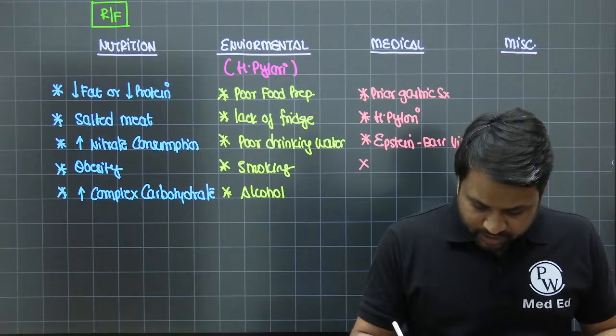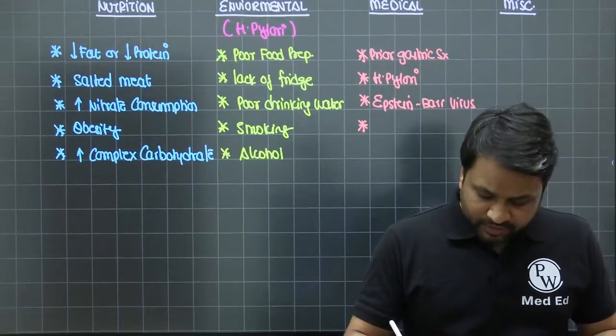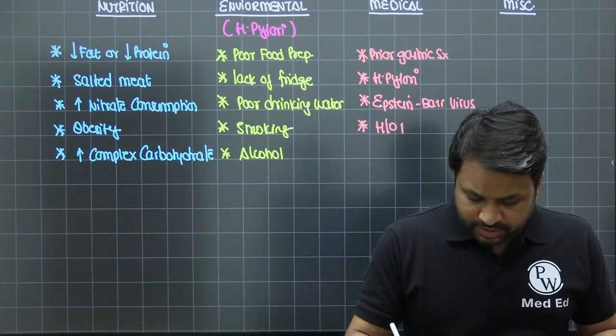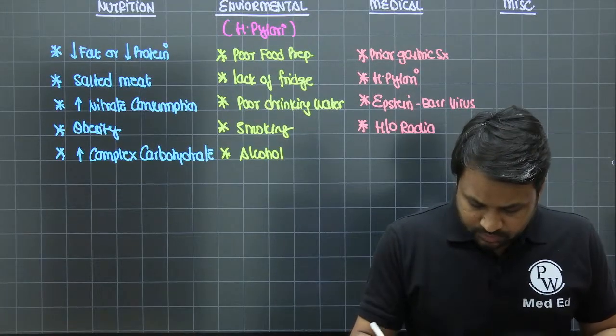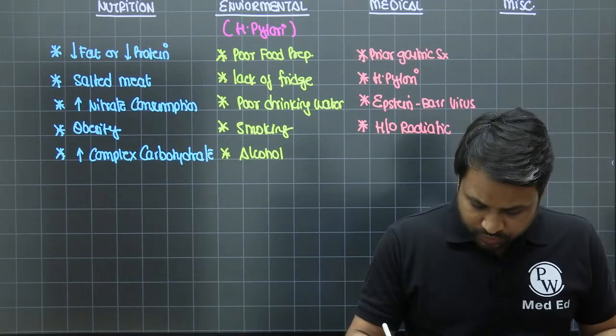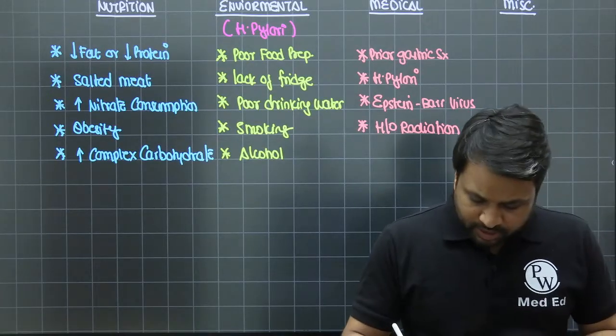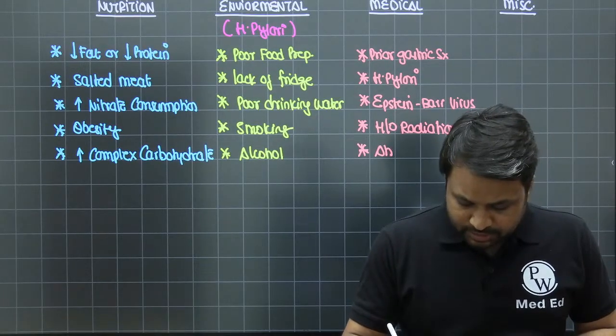So two infective causes. Then you have any history of radiation, prior history of radiation exposure, atrophic gastritis.